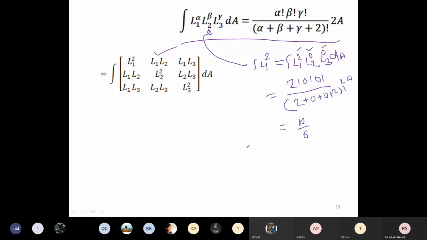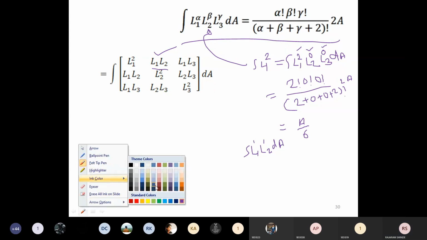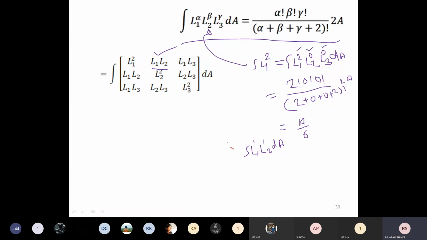The second term is L1 raised to 1, L2 raised to 1, and the integration over dA. Here you compare again with this equation. Your alpha is 1, beta is 1, that is 1 factorial, and gamma is 0, since L3 raised to 0 is there.